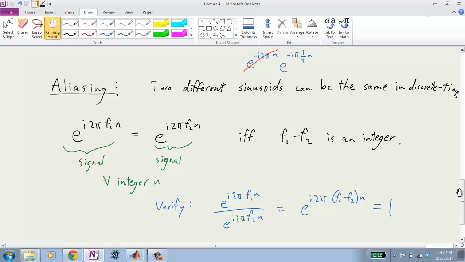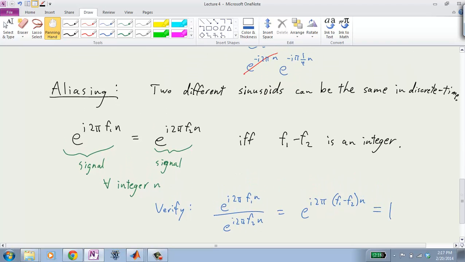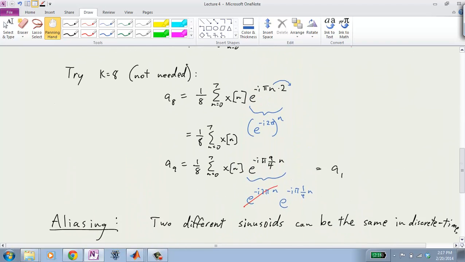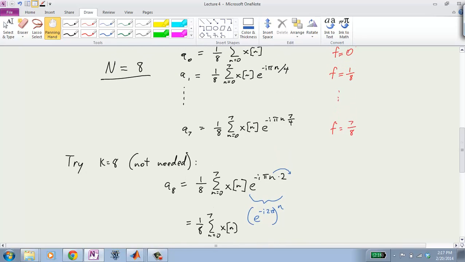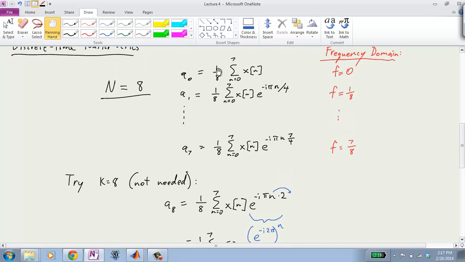They swap sides. So that's what we're seeing here. There's no reason to add in more Fourier coefficients than the first 8, because every other sinusoid that you'd be adding is the same as the ones you've already added. And that's why we got the same coefficients here.